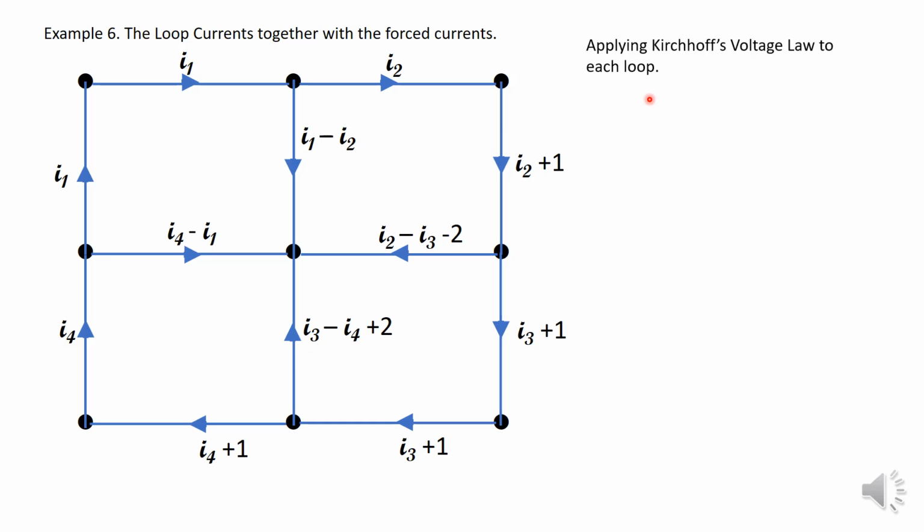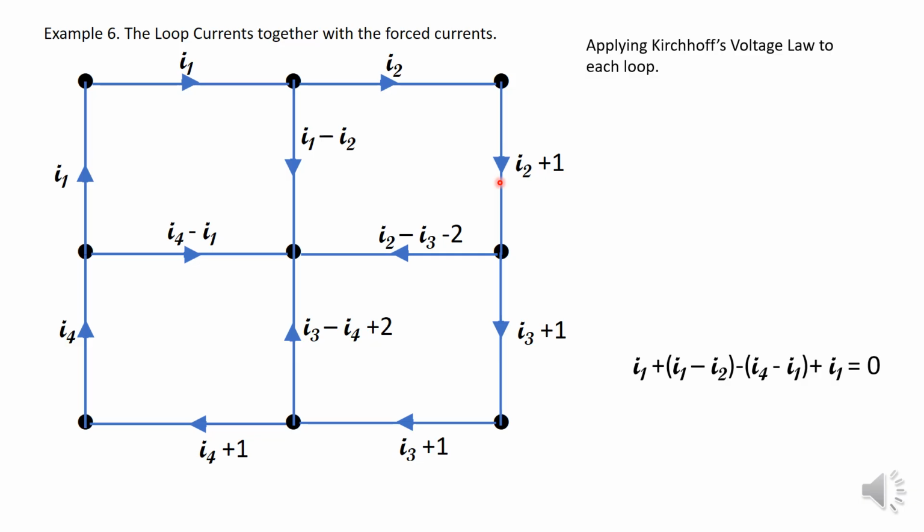Now we will apply Kirchhoff's voltage law to each loop. Kirchhoff's voltage law says that the sum of the current drops around any cycle is equal to 0.